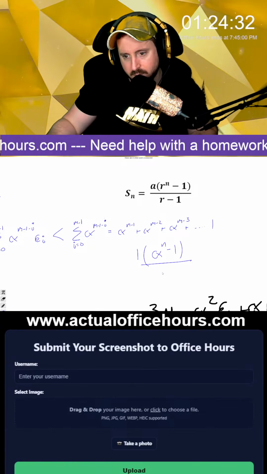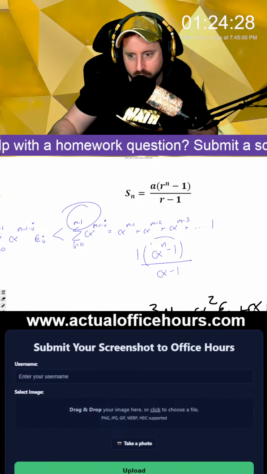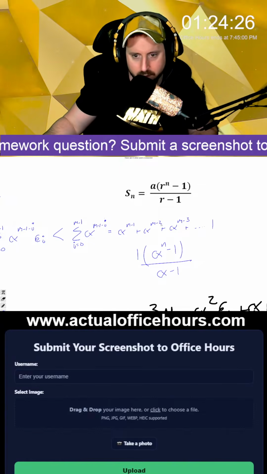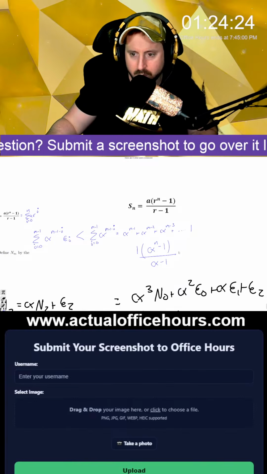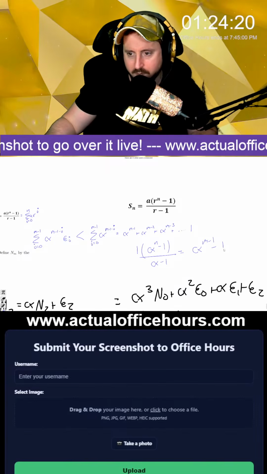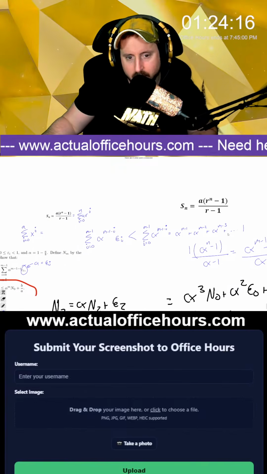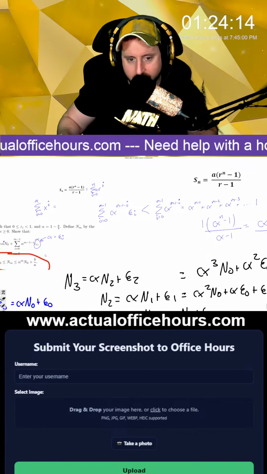But this goes to m minus 1, so n is equal to m minus 1, right? So that's alpha to the m minus 1 over alpha minus 1. How are we going to make that look like this, though?